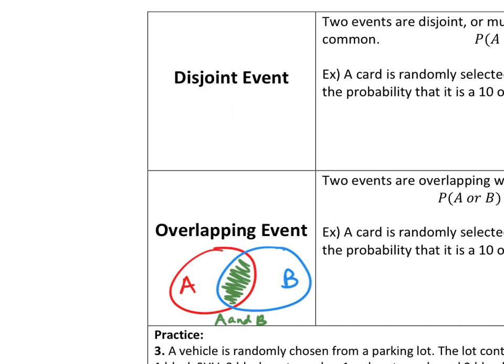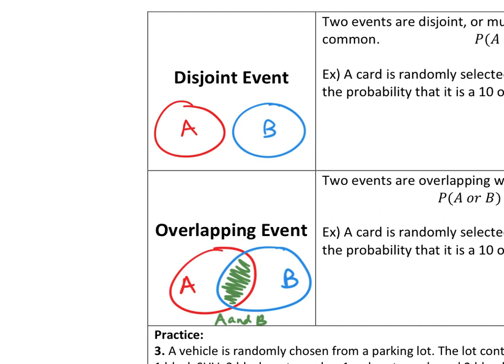A disjoint Venn diagram is where you have A and B, but they don't touch each other. Do those two events have any shared things in common? Do they overlap at all? No. That's a disjoint set of events versus an overlapping set of events.